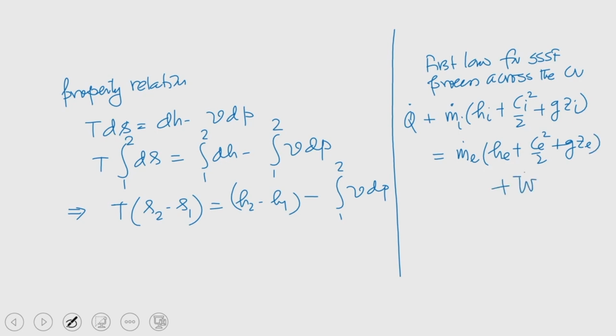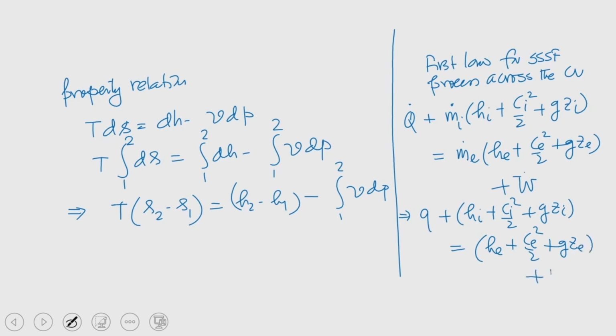We have seen that m dot i equal to m dot e equal to m dot, and we can write it in this form: q plus hi plus ci square by 2 plus g zi equal to he plus ce square by 2 plus g ze plus w. This is small w.